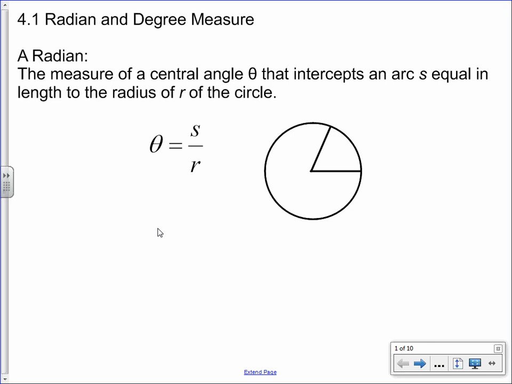So basically, when your arc length equals your radius, then you have one radian. Otherwise, we have kind of a ratio, if you will, of arc length to radius.